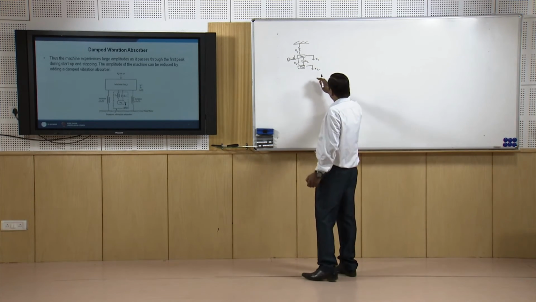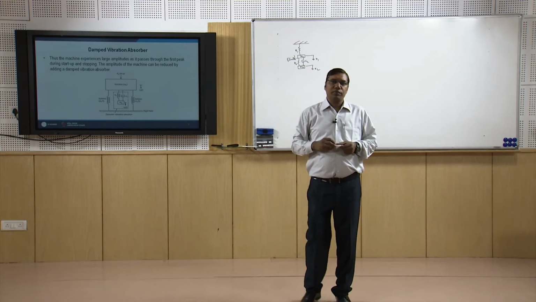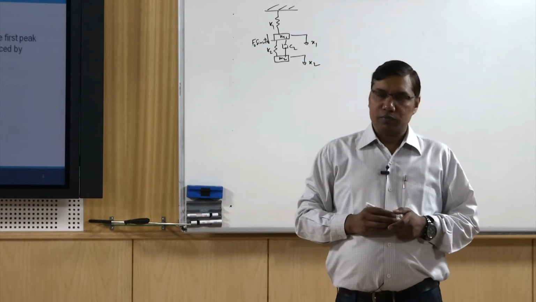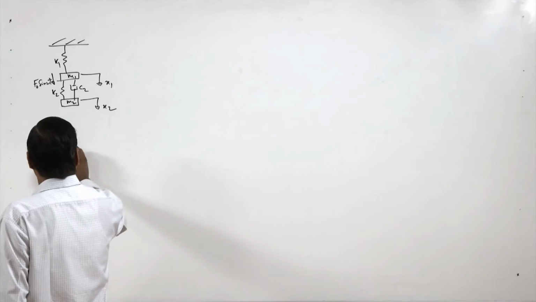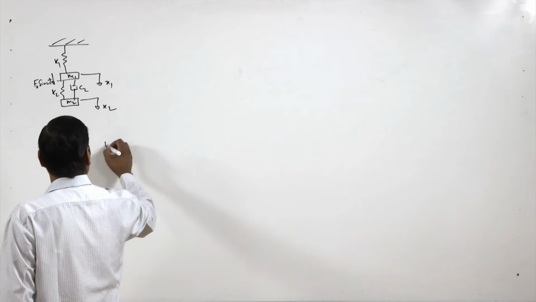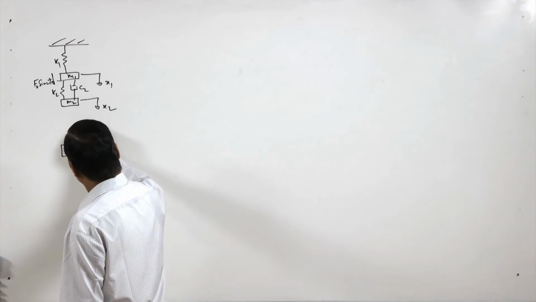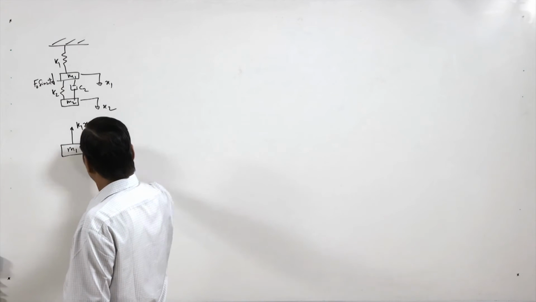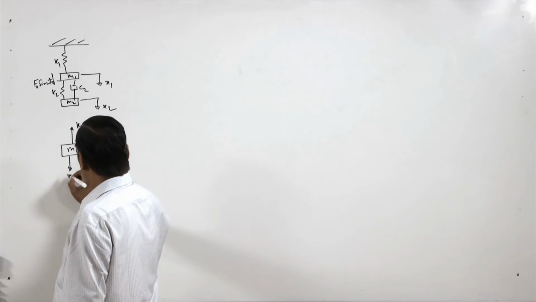Now we have to write the equation of motion, and so we have to make the free body diagram, and therefore we make the free body diagram. So here we have M1 and we assume this direction is positive, so if we pull it downward, it will apply a force K1 x1. Then here there is a spring force.